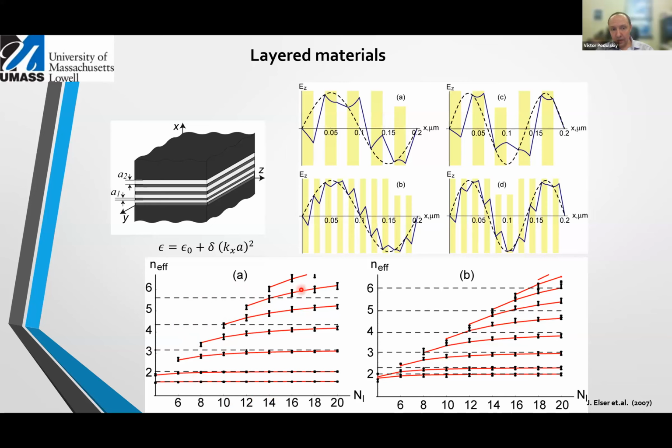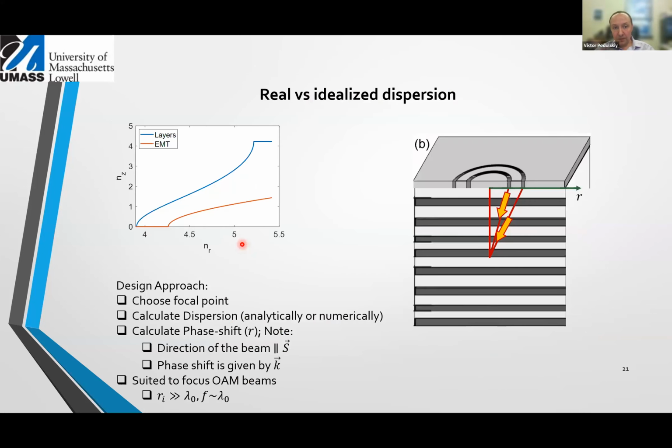But you can see that for high index modes, and these are the modes we are interested in to get as much focusing as possible, the deviation between effective medium and the real indices is still significant. You can develop corrections to it that can be described through non-local effective medium theory, or you can just solve for them numerically. Either way, you can see that you have dispersion that is not exactly given by effective medium theory, but somewhat close to it.